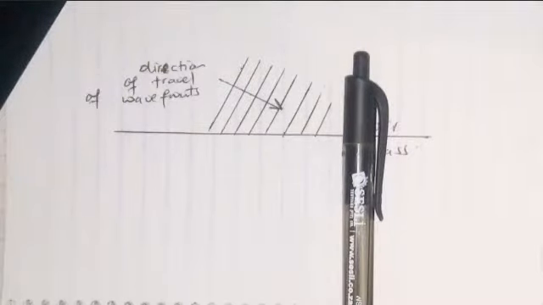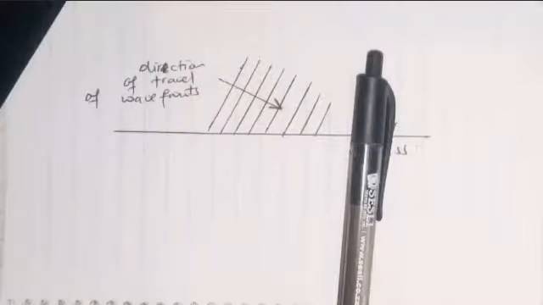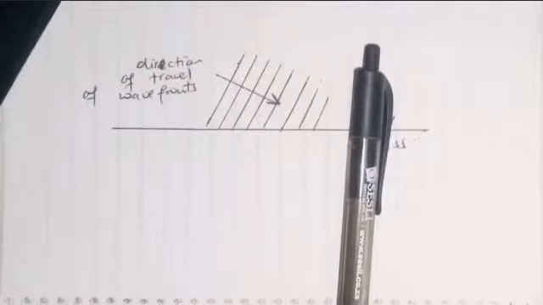The arrow shows the direction of travel of the wave fronts. The wave undergoes reflection and refraction at the air glass boundary. On fig 7.1, draw the wave fronts of the reflected wave.